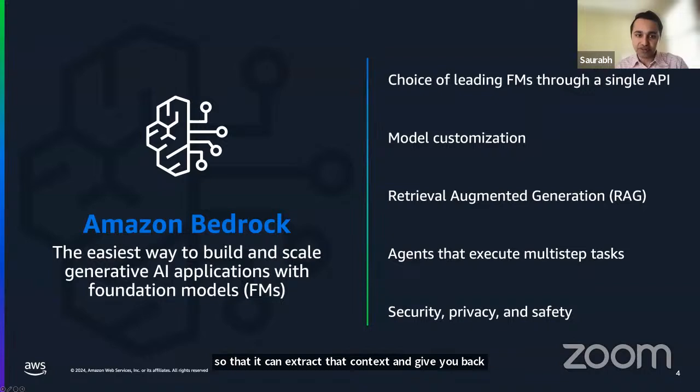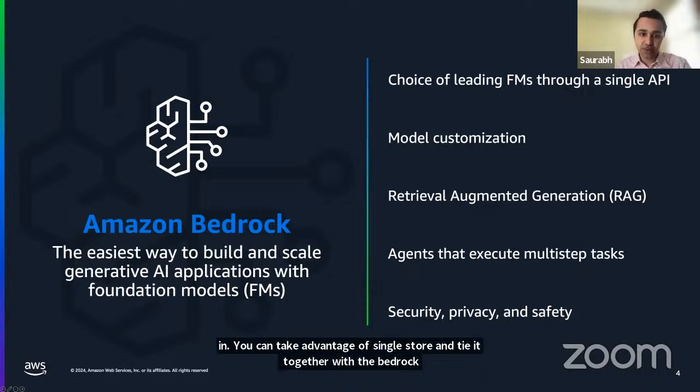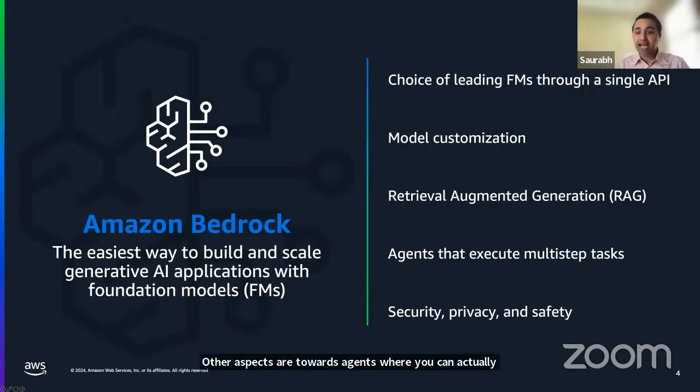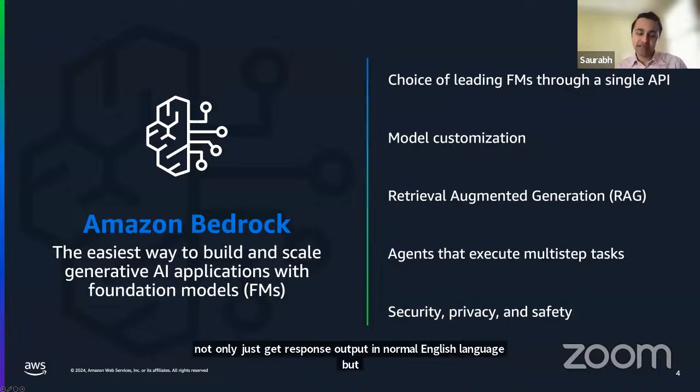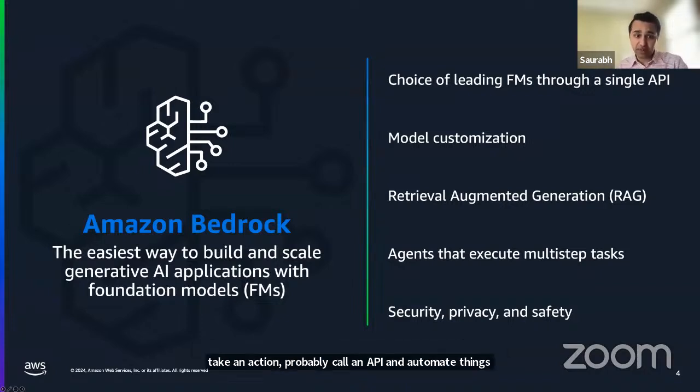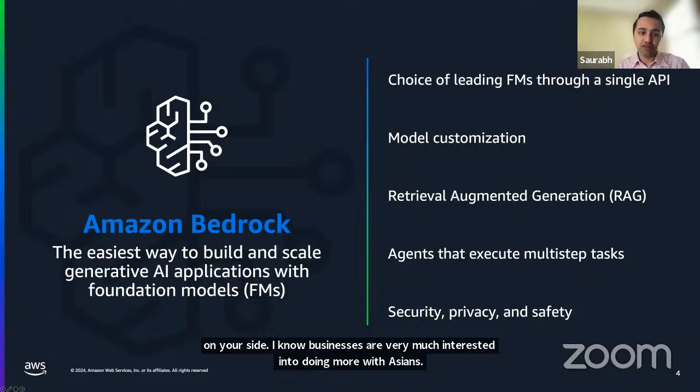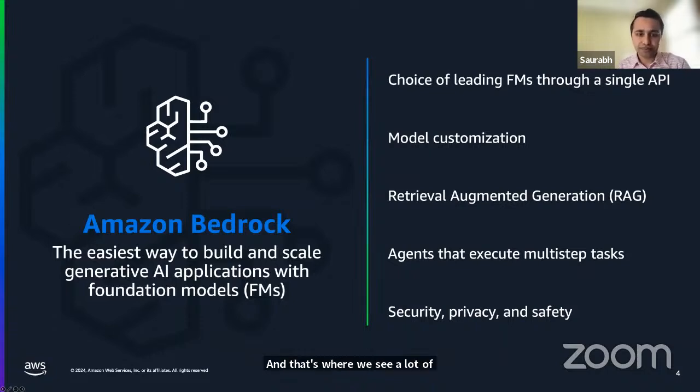You can take advantage of SingleStore and tie it together with Bedrock. Other aspects are towards agents, where you can actually do actions, not only get response output in normal English language, but take an action, probably call an API and automate things on your side. I know businesses are very much interested in doing more with agents, and that's where we see a lot of uses evolving from our customers as well.